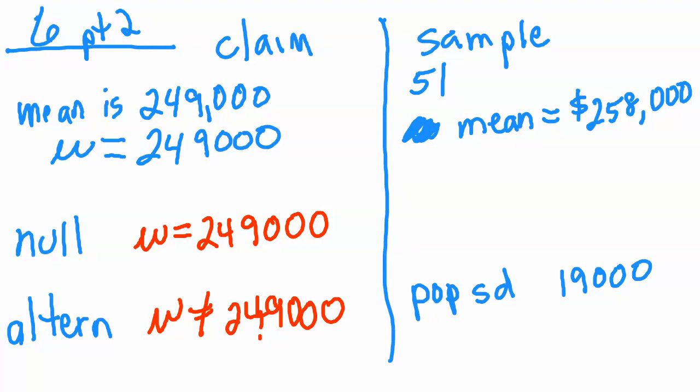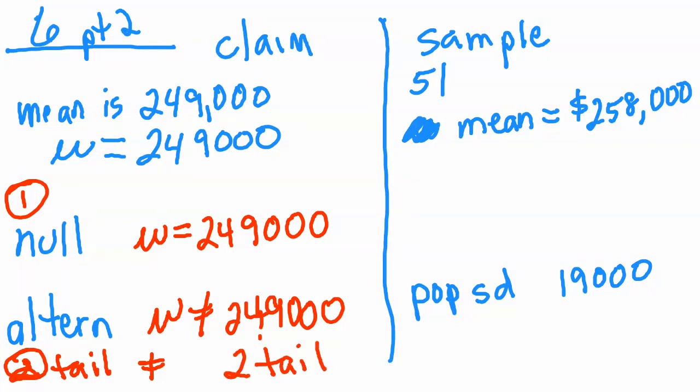Now that's the first thing, decide the claim, that's step one. The claim helps you decide what the null and the alternative is. The null has the equal sign, the alternative tells you the tail. So step two is tail. Since it's not equal, the tail is determined by the alternative, then it's two-tailed. Equal and not equal is a two-tailed case.